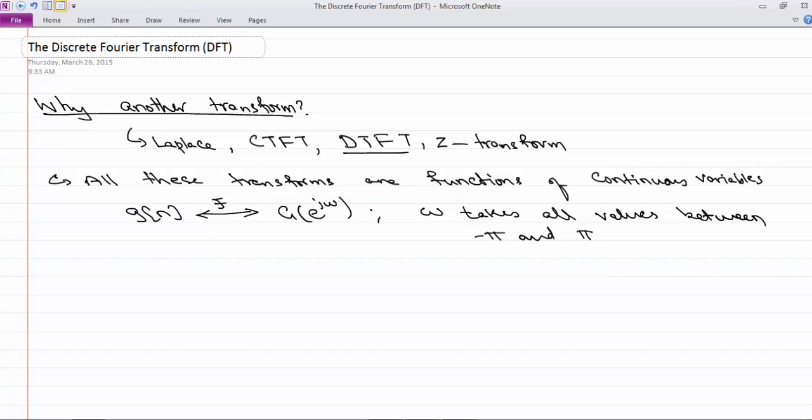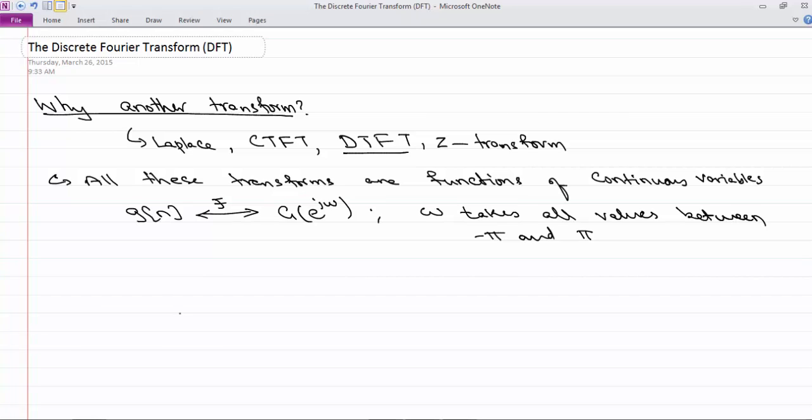And if there is one thing we know about processing in digital systems, it is that we want to work with discrete quantities, not continuous quantities. So what we really want is a transform that, of course, is somehow related to some of these transforms, and we'll see that the discrete Fourier transform is very closely linked to the DTFT, but it also helps us do computations in a very efficient manner inside digital systems.